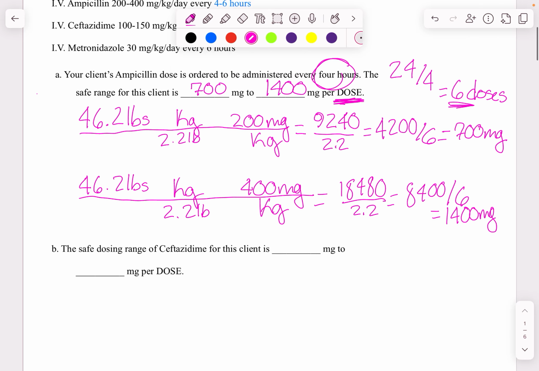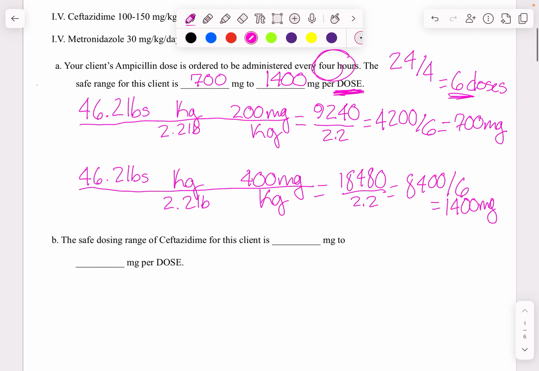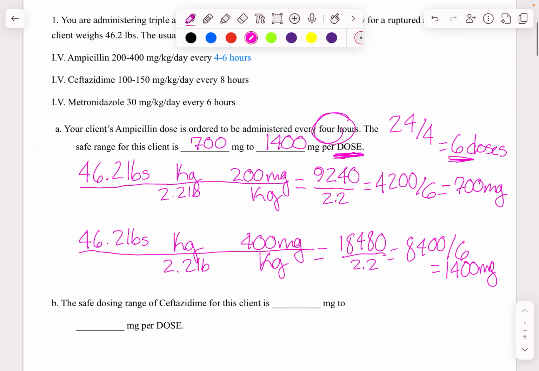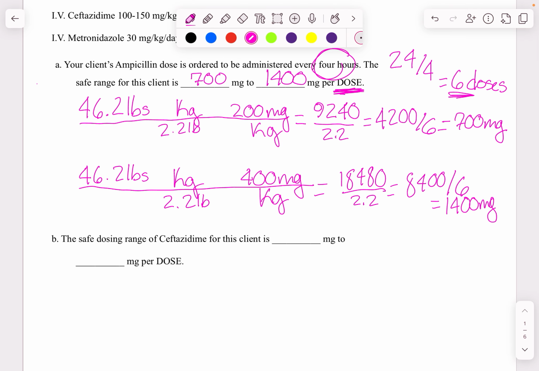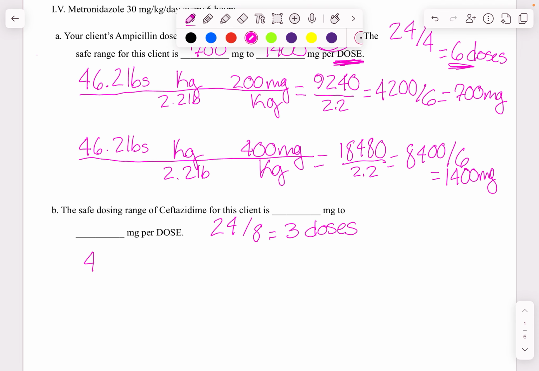All right, so B. The safe dosing range of the Ceph for this client is, all right, so 100 to 150 milligrams per kilogram per day every 8 hours. So we know that 24 divided by 8 is 3 doses. Okay. Weight-based problem. 46.2 pounds, 2.2 pounds per kilogram.